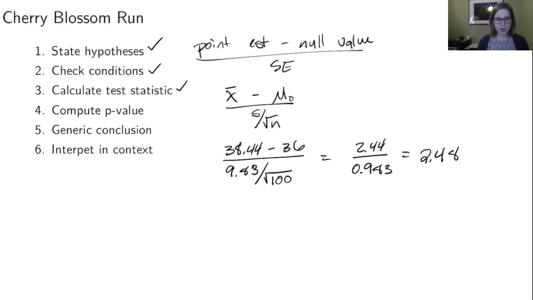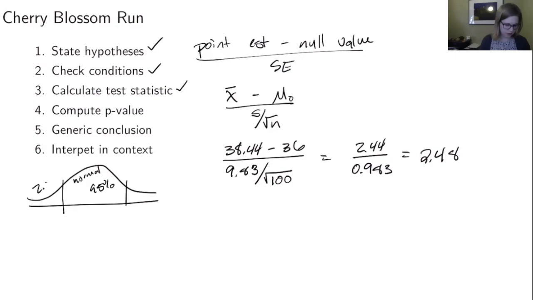The next thing we need to do is compute the p-value. I usually start by estimating my p-value, and I draw myself a little picture. I don't have facts memorized about the t-distribution because it really varies based on the degrees of freedom. But I think about it as if it was the normal distribution, with 95% in the middle and 2.5% in the tails.